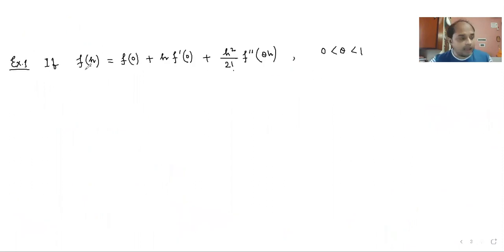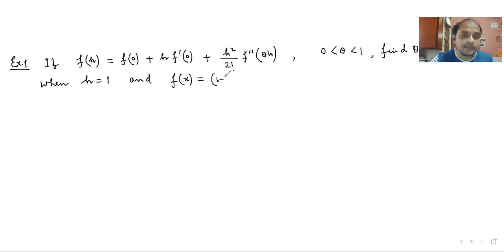Now the question is given like this, and we are supposed to find theta when h is equal to 1 and the function is given as (1 minus x) to the power 5 by 2. That is your function.